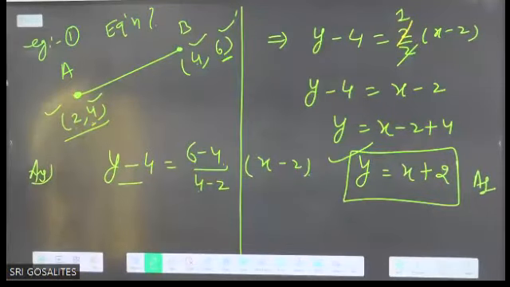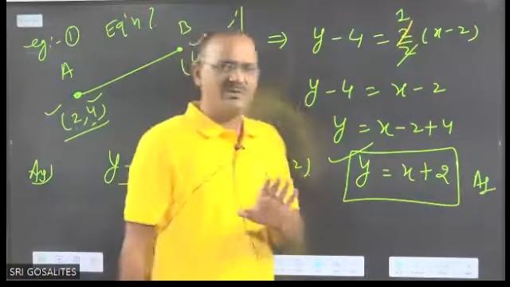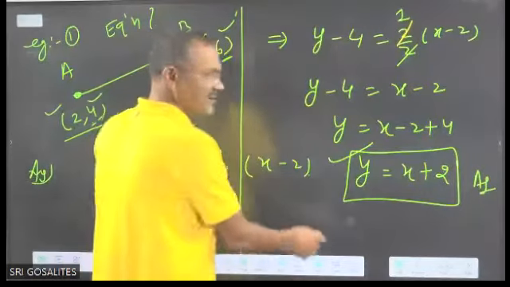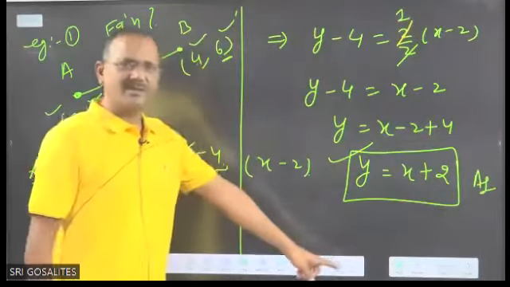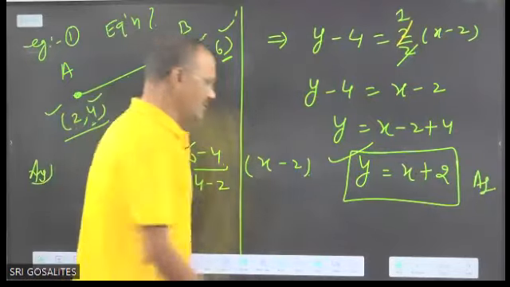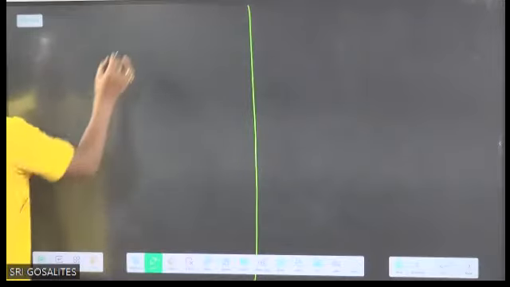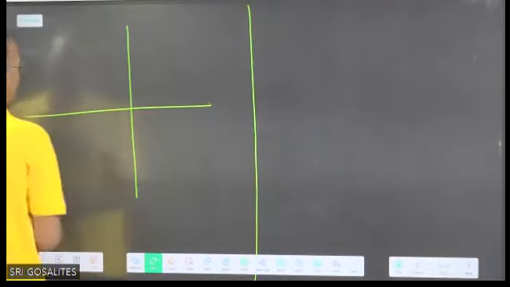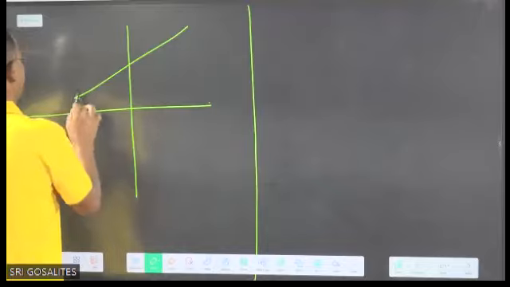Fine. I am giving you now 2 questions which you will work out. So the next screen we can go for. Okay. Bacho, this is a line.